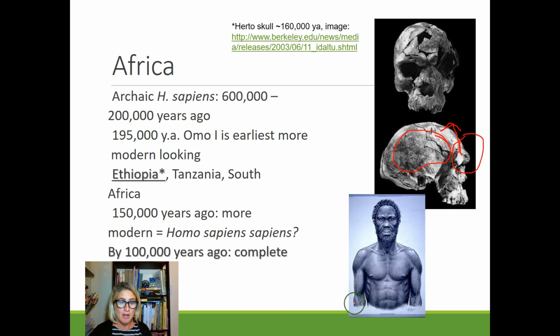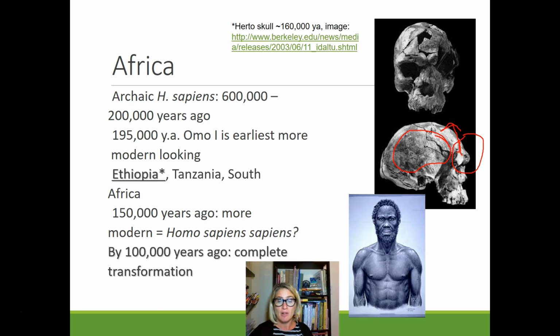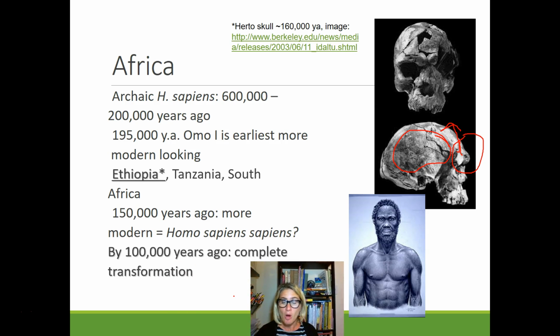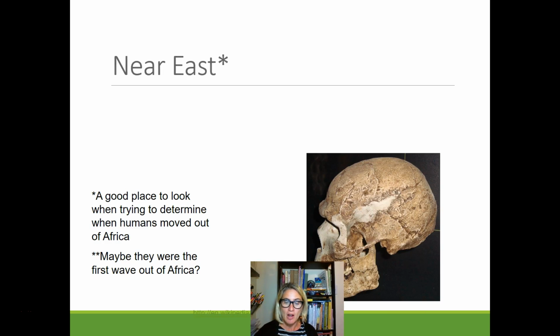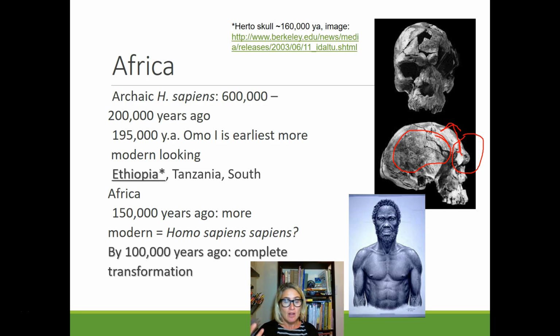And in fact, by 100,000 years ago, we have a complete transformation in Africa, and you do not see any hominin skulls or other material younger than 100,000 years old that is not modern. So that's what's going on in Africa. We see fairly recent changes to modern, but we have these moderns emerging possibly 150,000 years ago, and definitely by 100,000 years ago, a complete transformation.